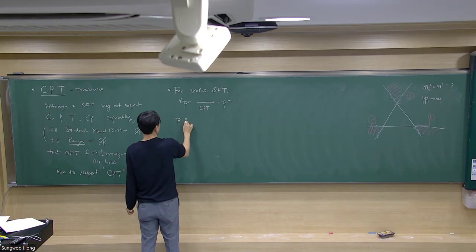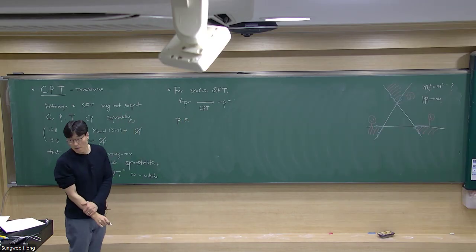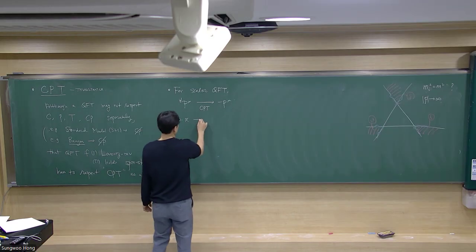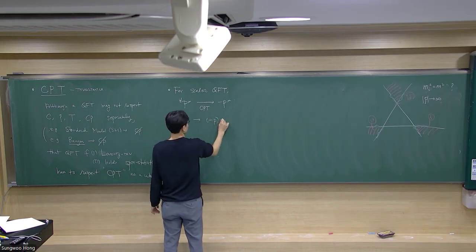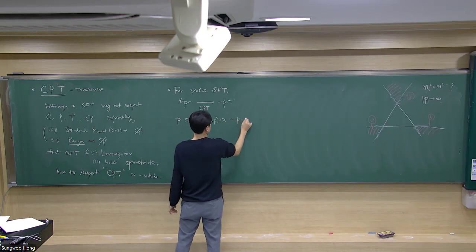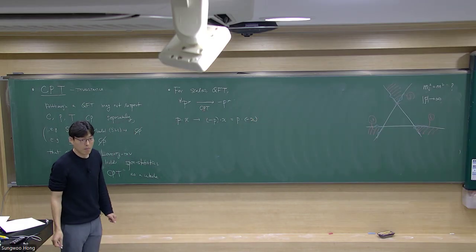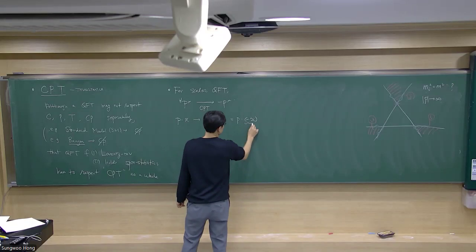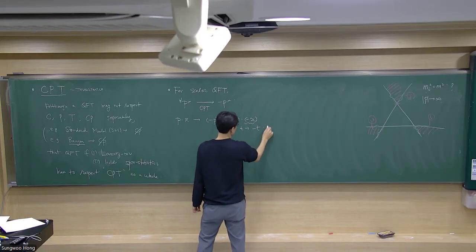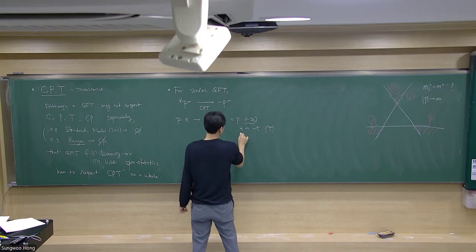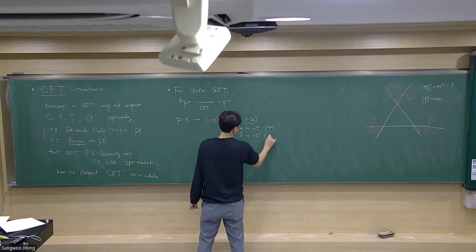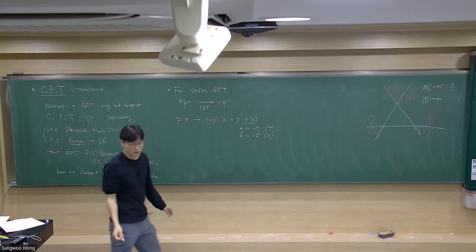There's a P dot X, and sending P to minus P can be reinterpreted as sending X to minus X. So this involves sending t to minus t, which is known as time reversal, and then X vector to minus X vector, which is a parity. So far, that's good.